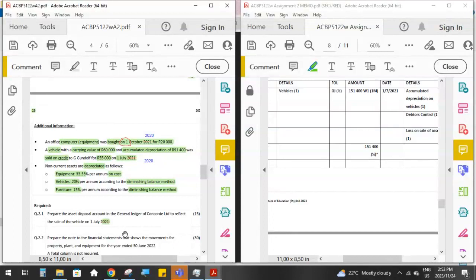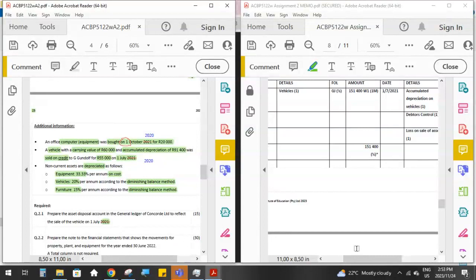So when we've got an asset disposal, what you've got to remember are the steps. With all of this accounting, just learn at home and memorize the steps when I've got to record this particular type of transaction. Memorize the steps, and then you will never get any of this incorrect.